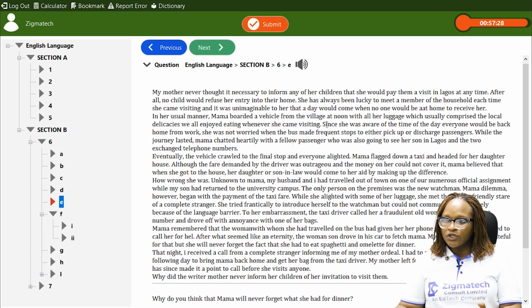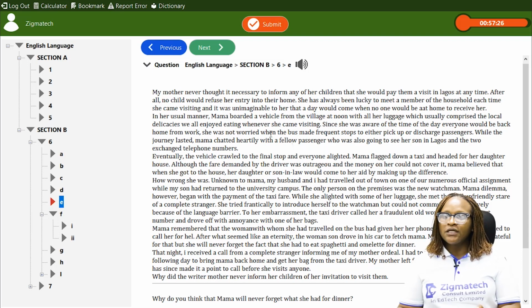So for this 2020, you have the sentence: "While the journey lasted, Mama chatted heartily with a fellow passenger who was also going to see her son in Lagos, and the two exchanged telephone numbers."